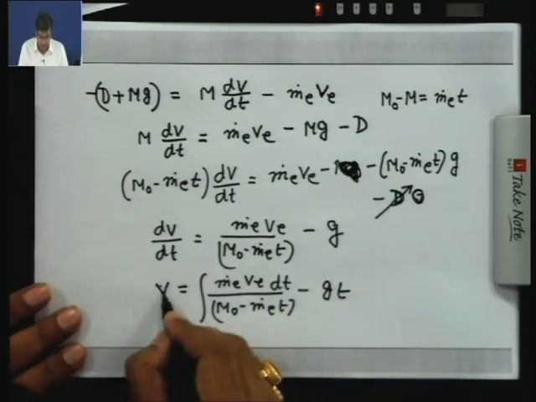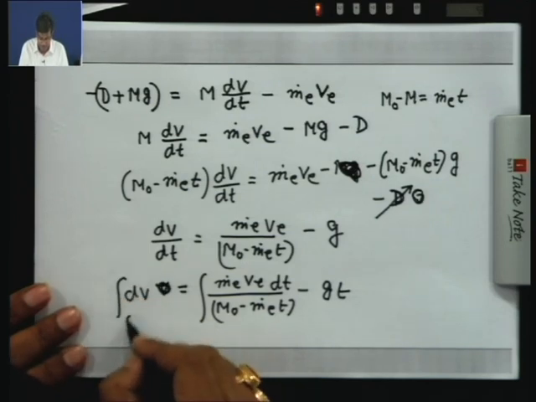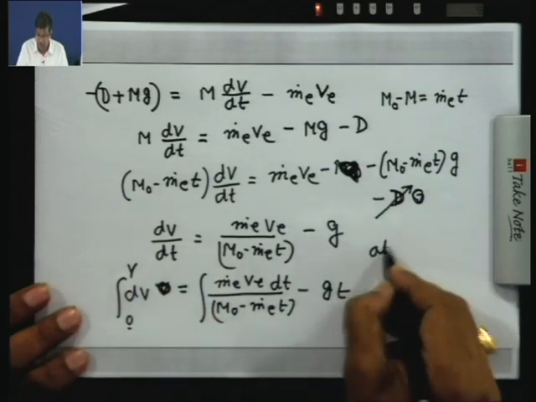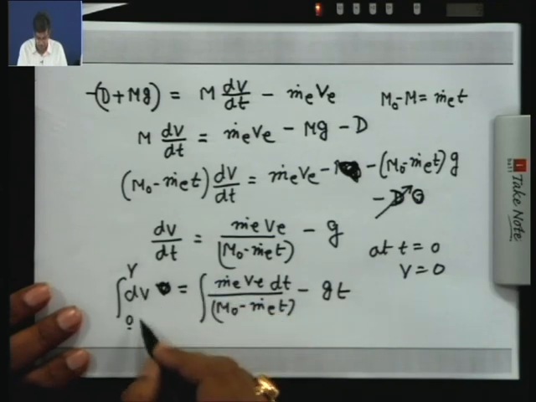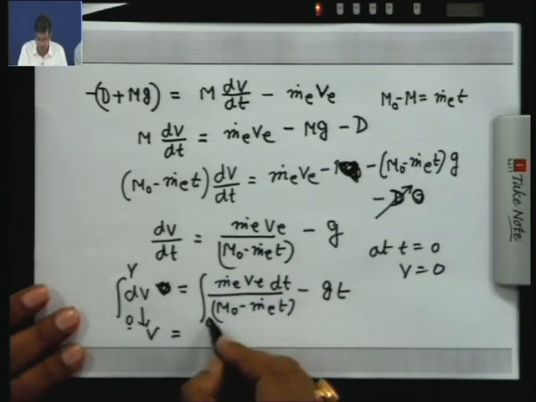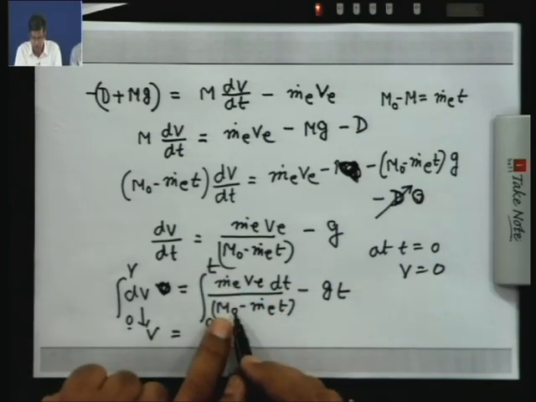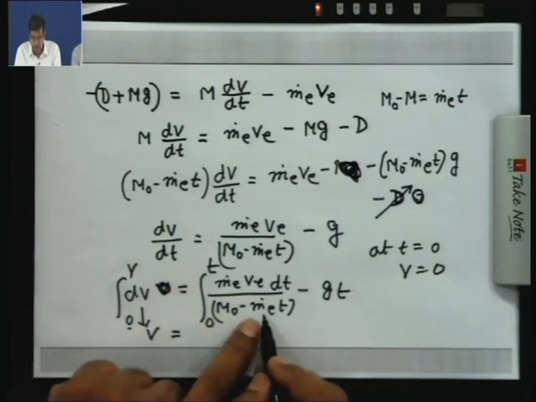Now I write dv, integration from 0 to v. Initially, at t equal to 0, v is equal to 0. Now this is mathematics. So this becomes v, and the integration of this from 0 to t, you do it, will be a ln of m0 minus m dot dt with a minus sign, and 1 upon m dot will be coming.